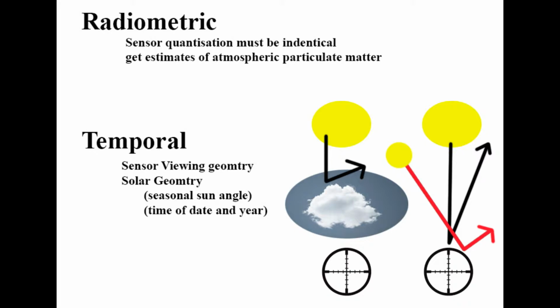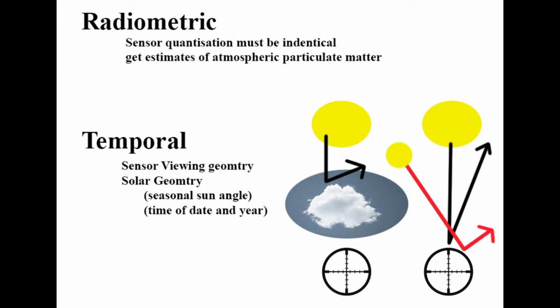In radiometric calculations between two images at two different points in time, make sure you have the sun at the same point in the sky, the exact same season, and the exact same atmospheric constituents at either point in time.